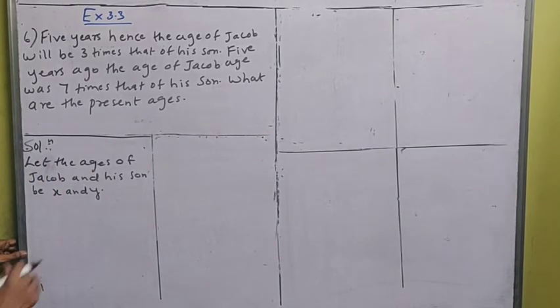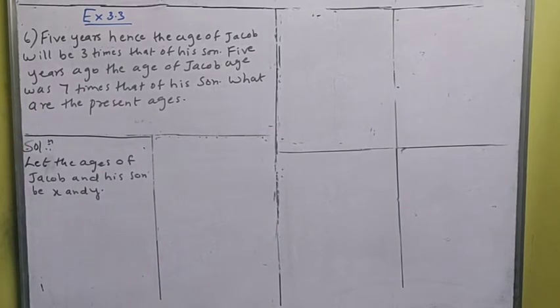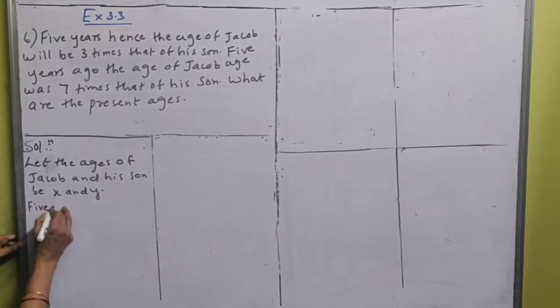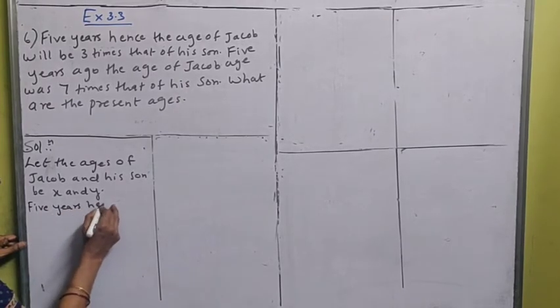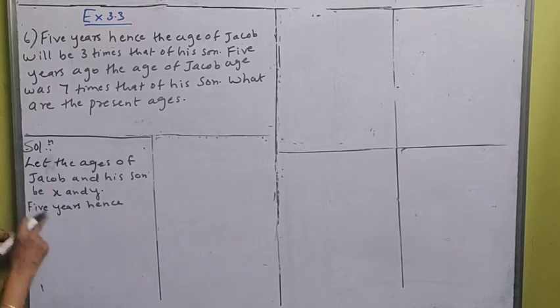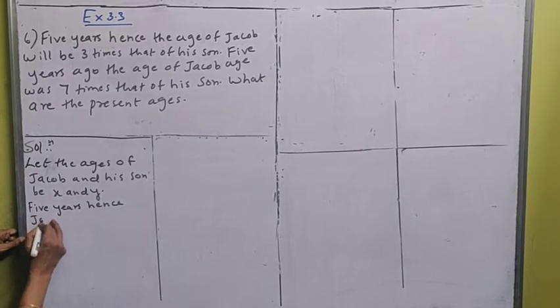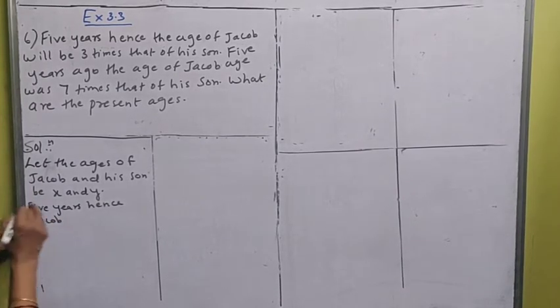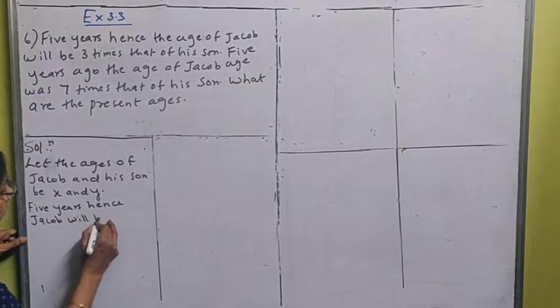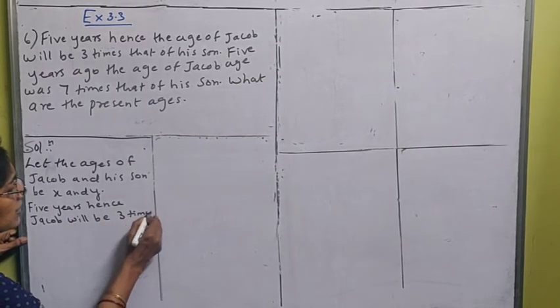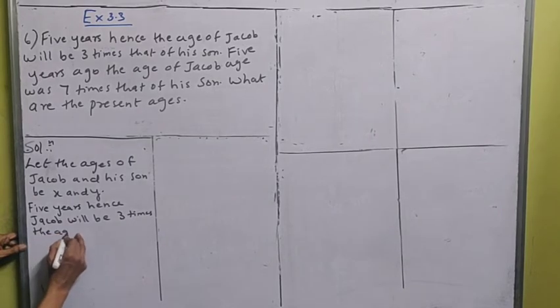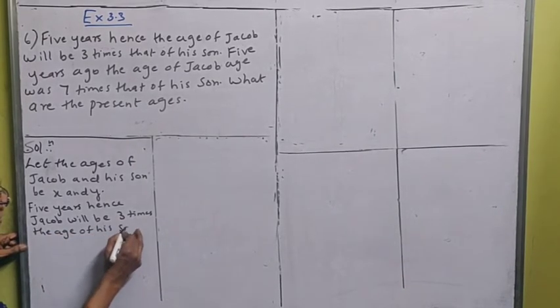X and Y. Now, what we have to take, the first clause is given 5 years hence. 5 years hence means what? 5 years should be added to Jacob's age also, and 5 years should be added to his son's age also. 5 years hence, Jacob will be 3 times the age of his son.